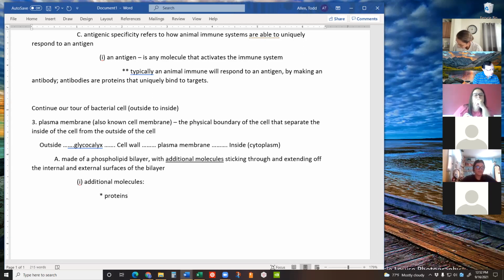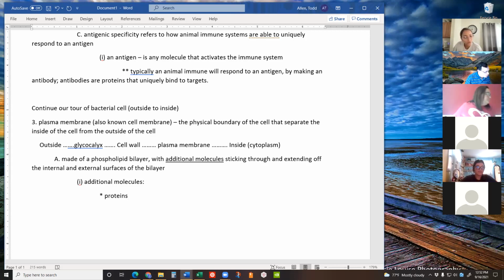Just look for yourself in figure 4.14. Don't you see integral proteins, which are sticking through both phospholipid layers, so they're through the entire bilayer. You see peripheral proteins that are hanging off the inside and hanging off the outside, right? So there's lots of different proteins there.